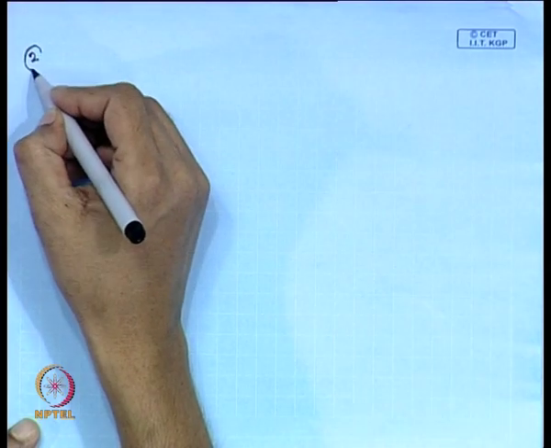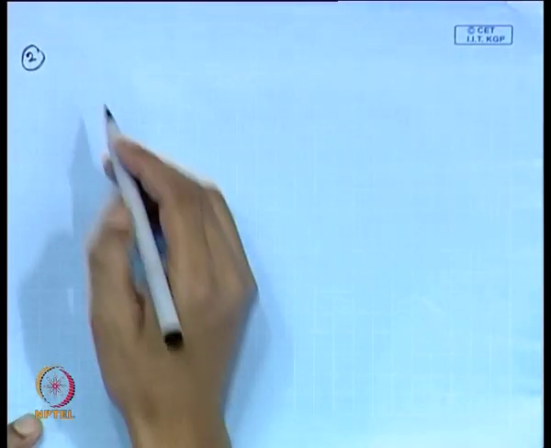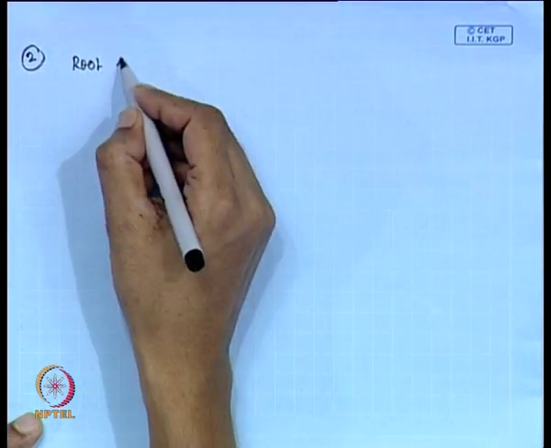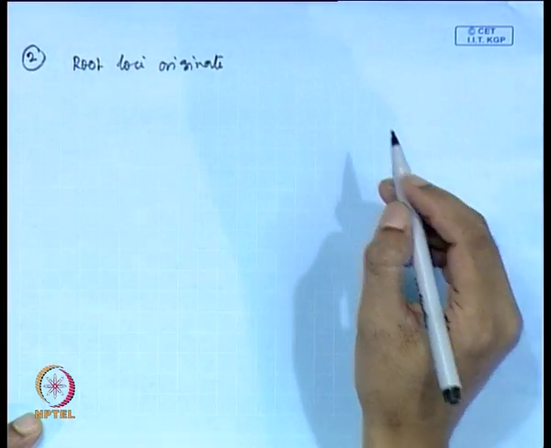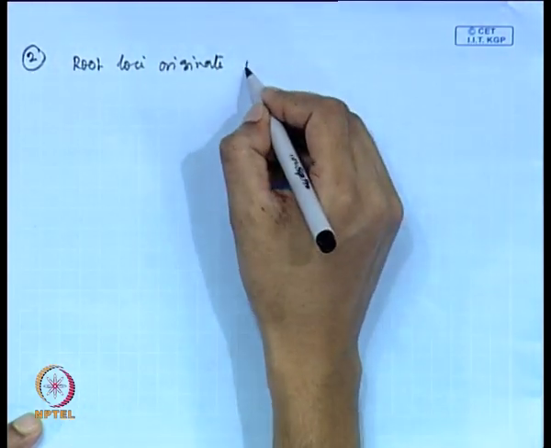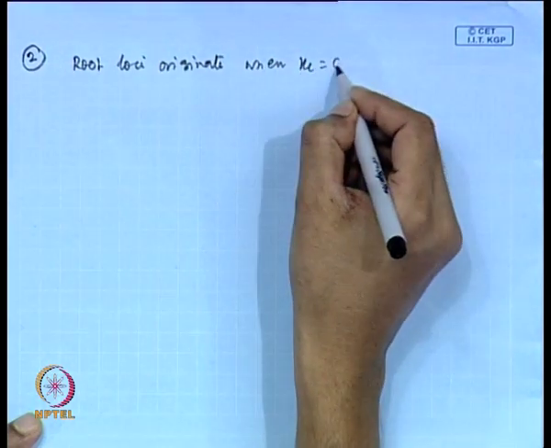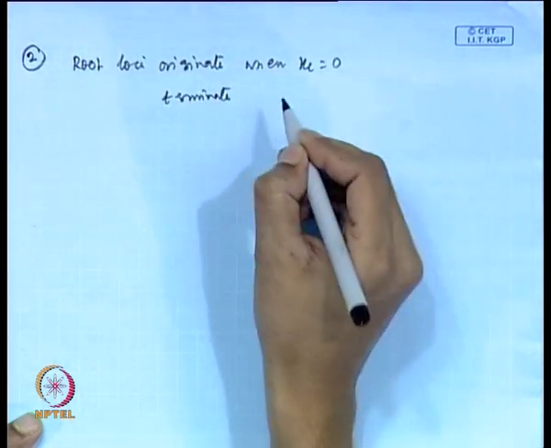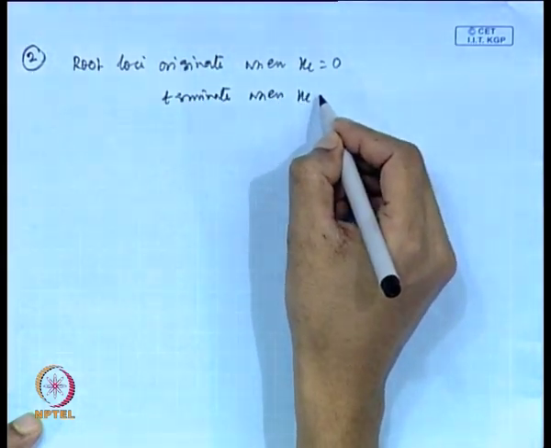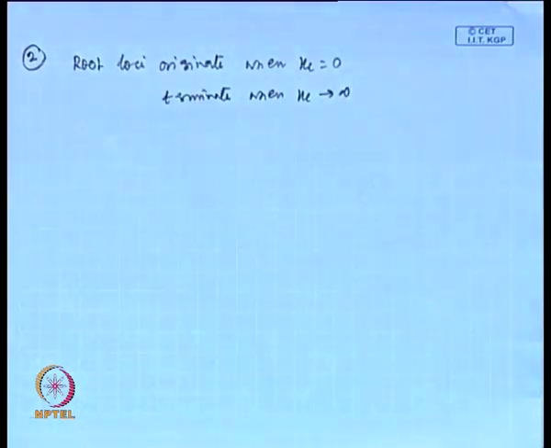Next, the second characteristic that we will discuss is that the root loci originate when Kc equals 0 and terminate when Kc approaches infinity.